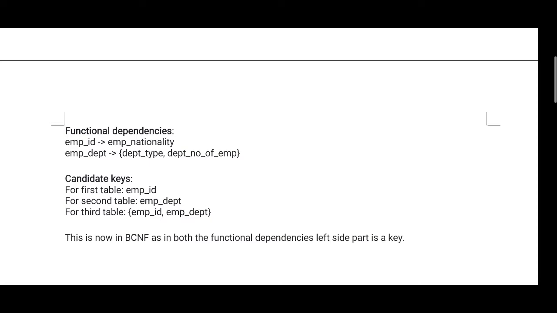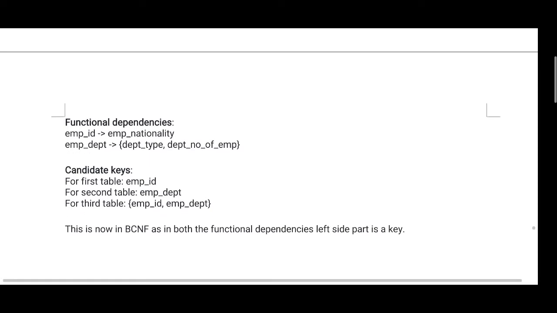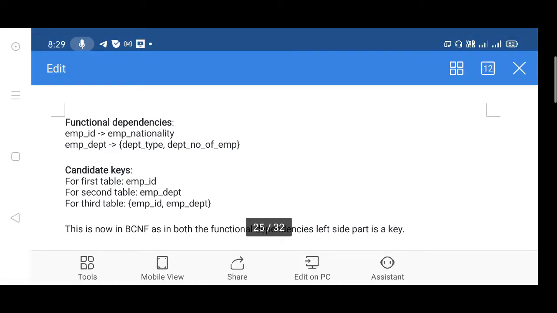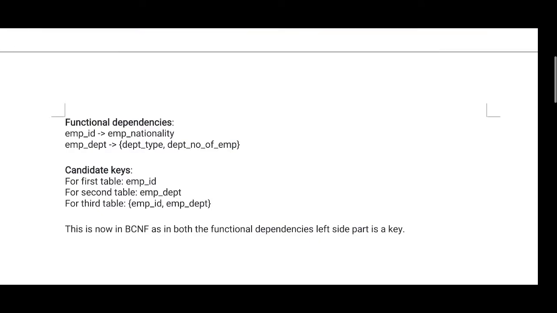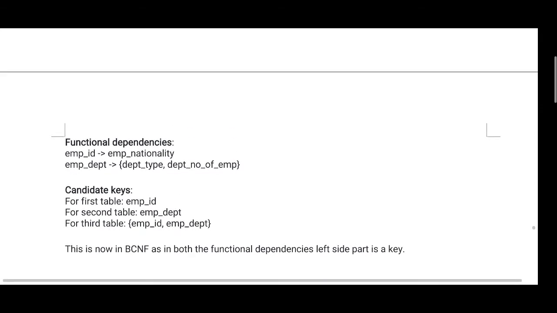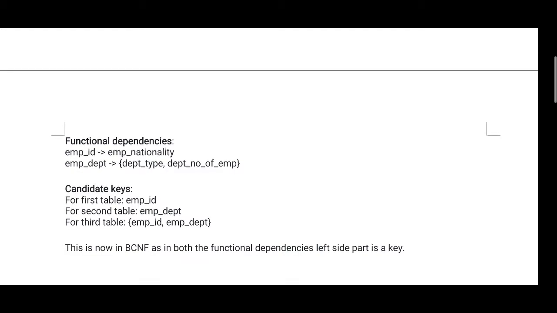Employee ID, employee DEPT is a candidate key in the third table. Now the table is in BCNF. This is now BCNF as both the functional dependencies' left side part is a key.